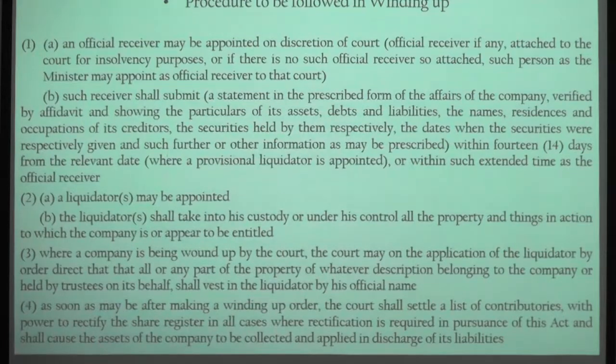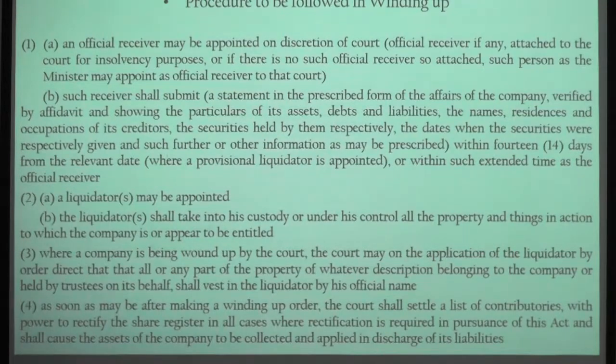And the receiver should give this information or the statement in the prescribed form within 14 days from the relevant date. The relevant date being where a provisional liquidator is appointed for this.